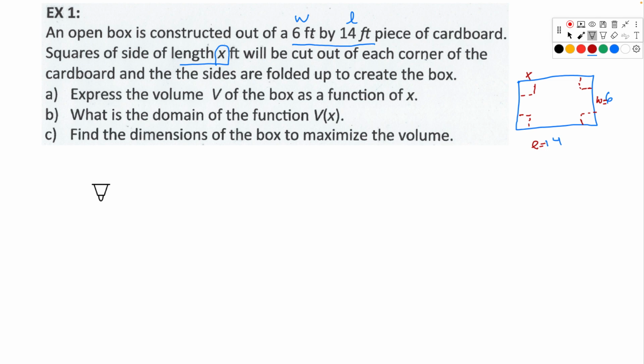So notice we're doing this one a little bit backwards. The other one we set up the constraint function first. This one, I think it's easier to go to the optimization function, which is length times width times height.